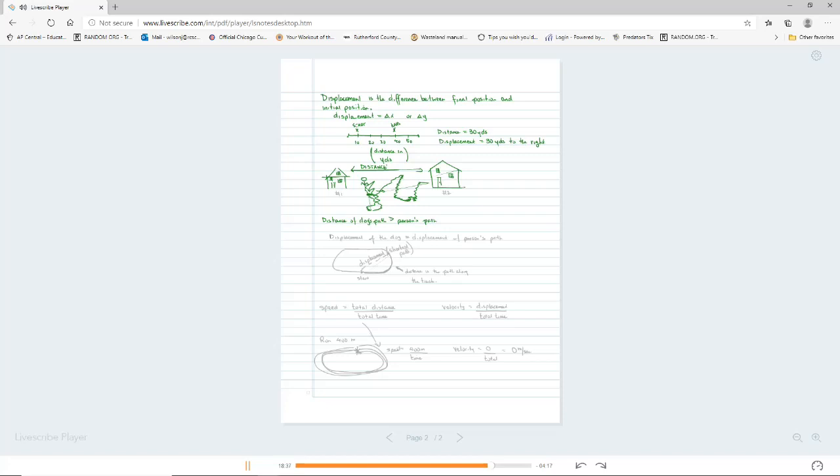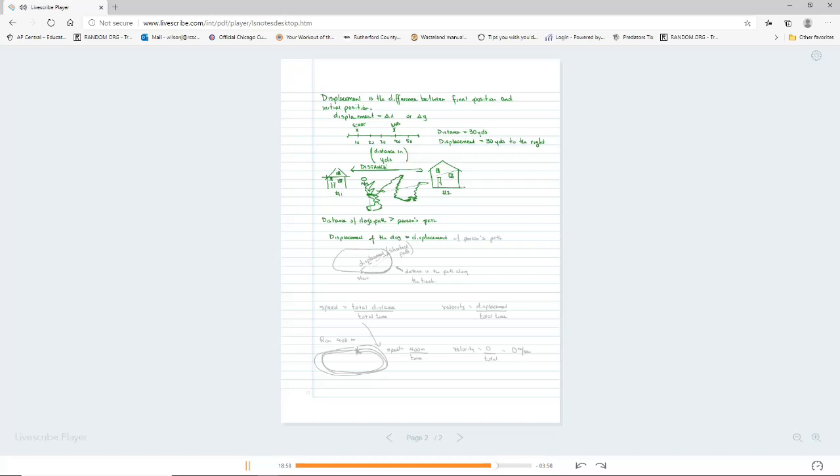However, the displacement of the dog is going to be exactly the same as the displacement of the person. They both started at house number 1 and they both ended at house number 2.